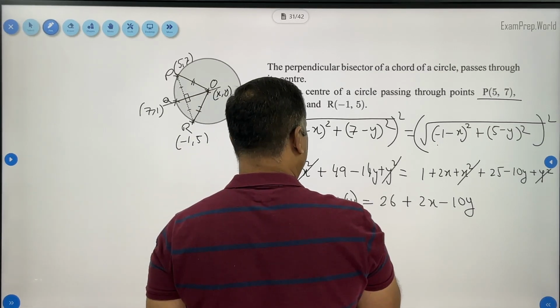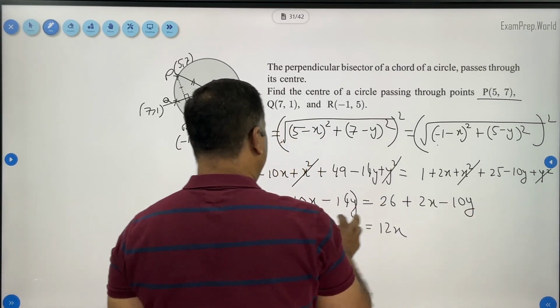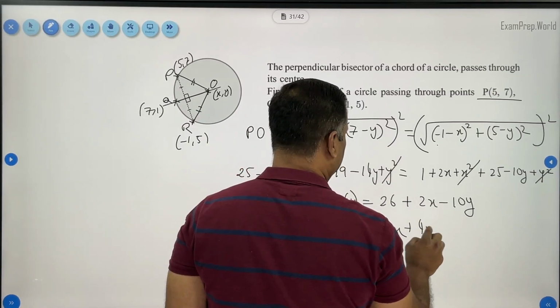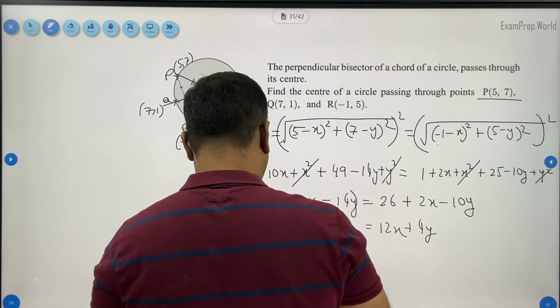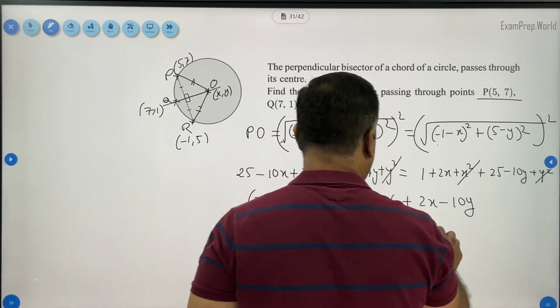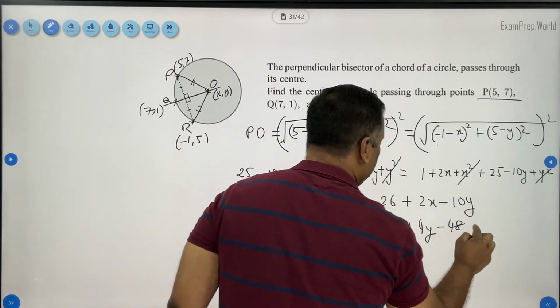So it becomes 10x and 2x will become 12x. Negative 10y plus 14y will become 4y, and 26 minus 74 becomes negative 48. So instead of equal to being written here, we will write 0.